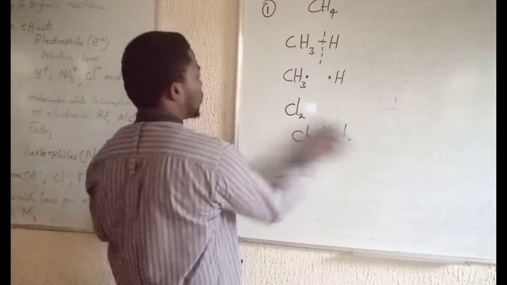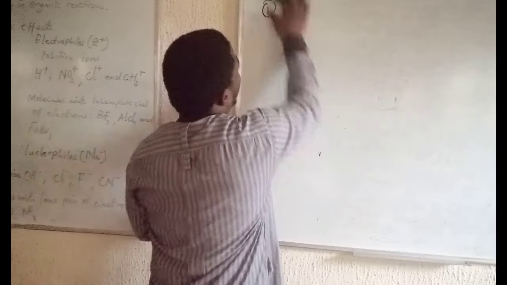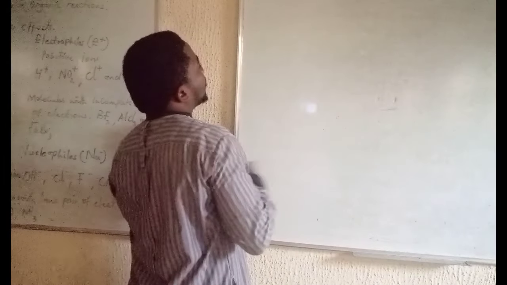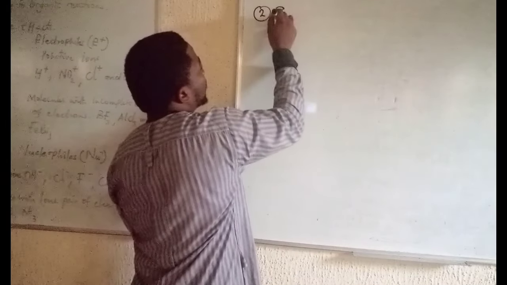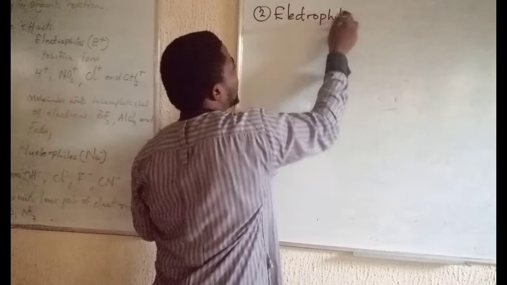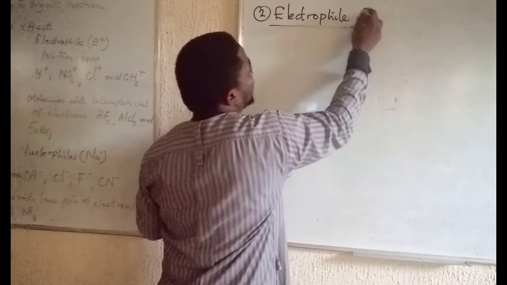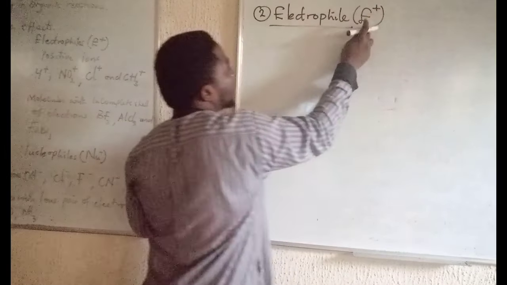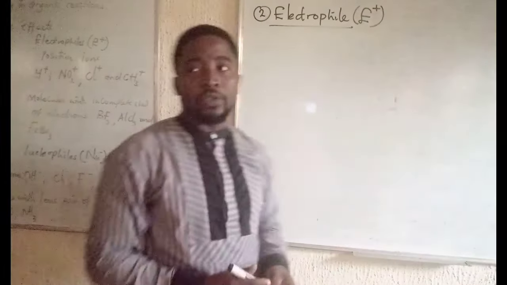Now let's look at another type of organic reagent, number 2, what we call an electrophile. What is an electrophile? An electrophile is symbolically represented as E+.